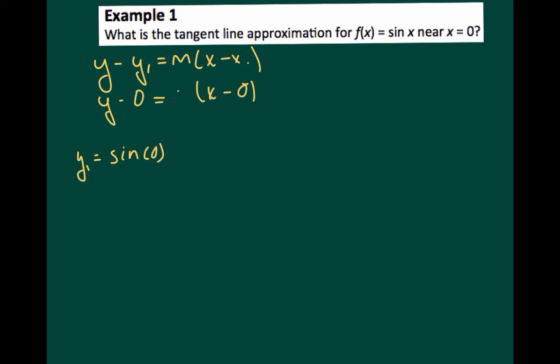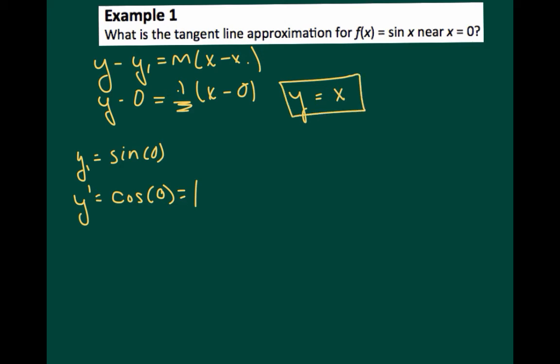So all we'd really have to find is the derivative at 0, and we'd have the slope. So what would that be? Well, y prime is going to equal cosine, and since we're at 0, it'll be the cosine of 0. And I'm sure you may remember from last year, the cosine of 0 is 1. So we get this pretty simple linearization. That's just y equals x.